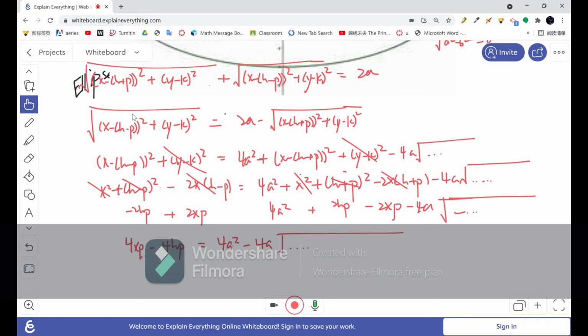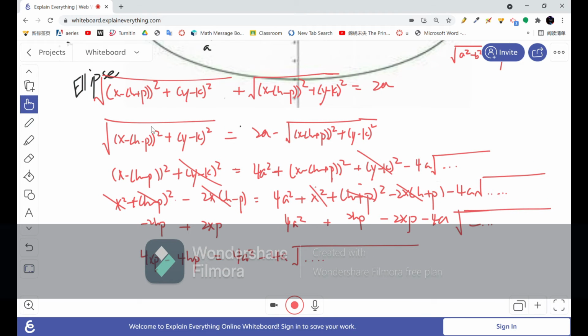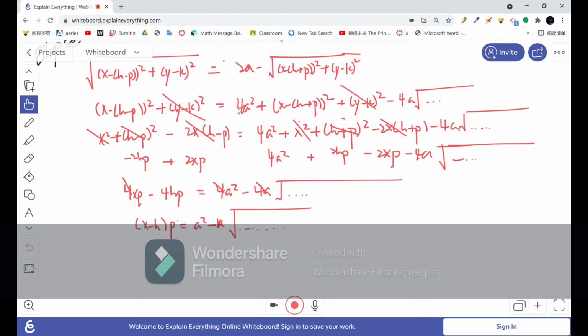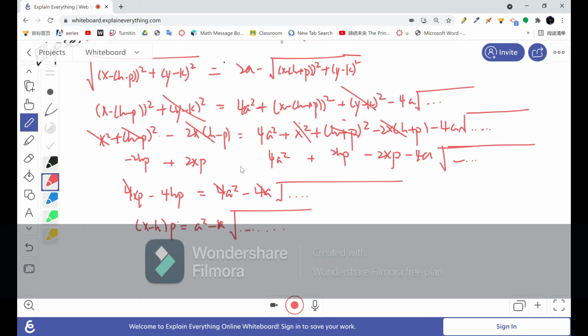Now we divide both sides by 4, so the 4s cancel out, and we can factor this. We have (x minus h) times p equal to a squared minus a times the square root. I wish I could just copy paste it, so let me drag it down further. Now I have to write it, because if I don't write it, I cannot see it.